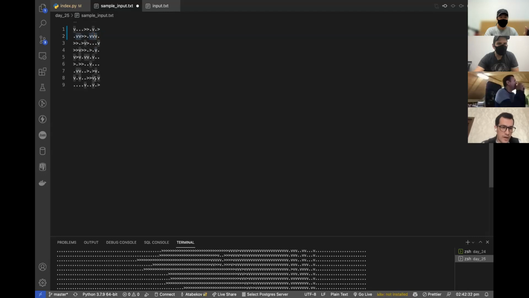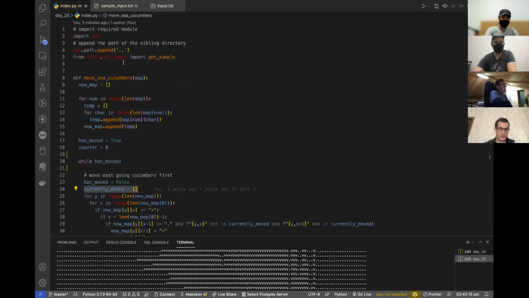And now let's say I have one more fish here. Once I move this one, at some point I will reach the end of my map, and here I come and check whether this space is available. So I move it. But according to the logic, since they have to move simultaneously, my previous one was here, and it wasn't empty at that point. So this one should not be able to move here. So these were the points where I had to rethink.